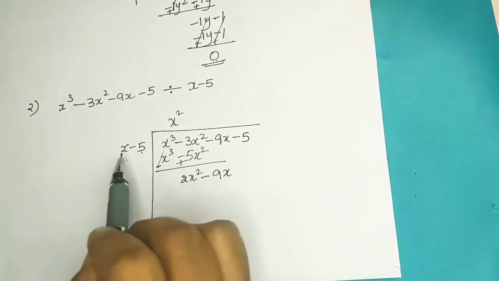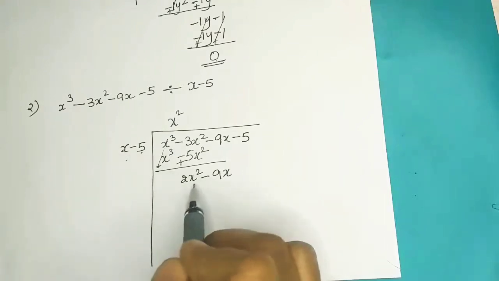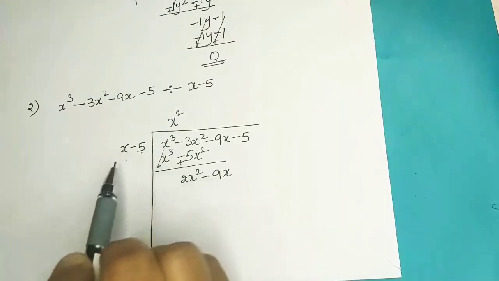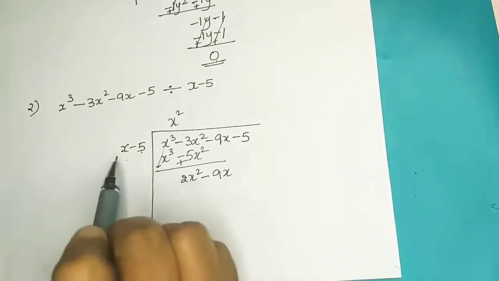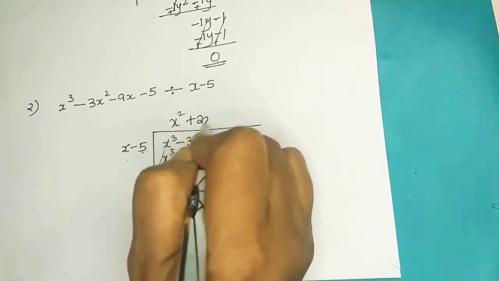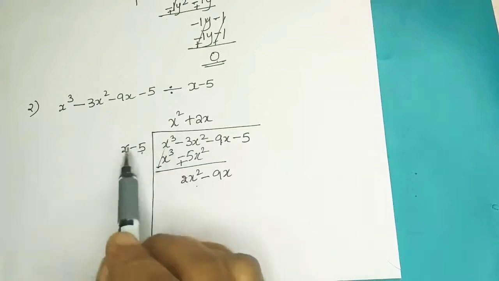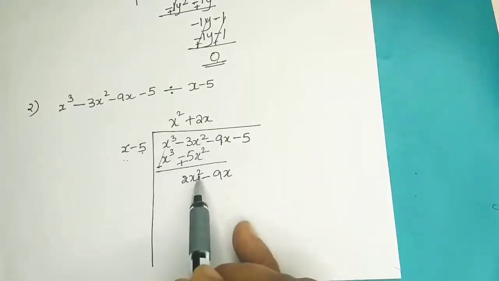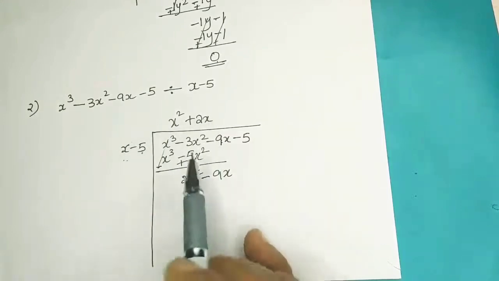With what term do you multiply x to get 2x square? It is 2x. So 2x square divided by x gives 2x as the answer.